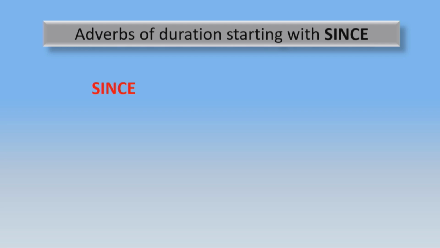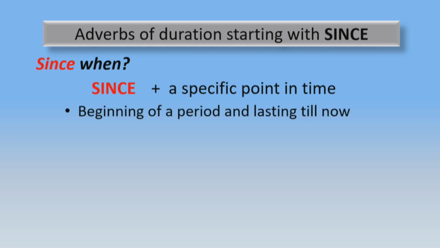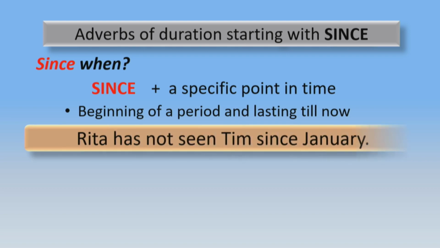Since, combined with a specific point in time, helps to answer the question, since when? It marks the beginning of a period and lasting till now. Rita has not seen Tim since January. Here, since is paired with January.